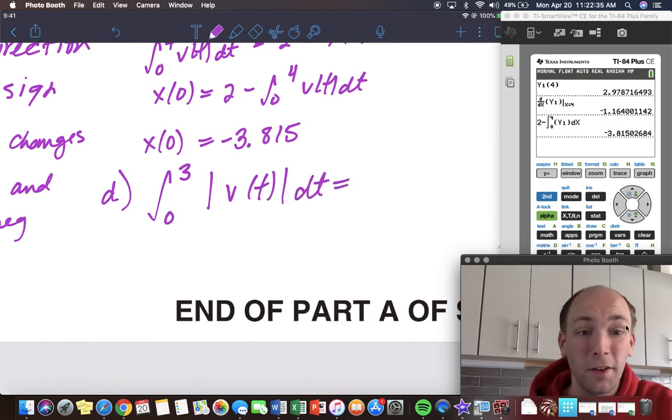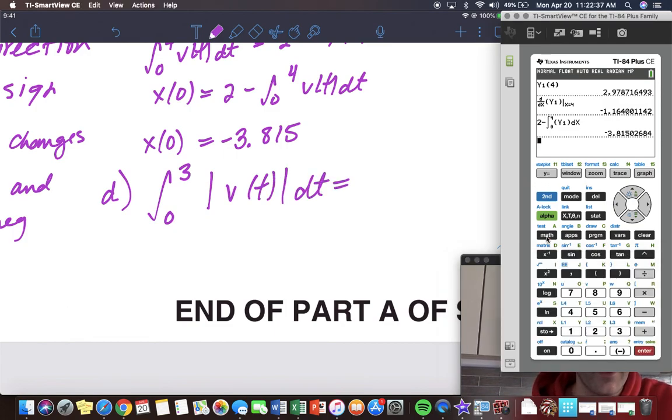And this is just calculator, so math 9, 0 to 3, absolute value, so math, go over to abs, type in your function, alpha trace y1, and then dx on the end.